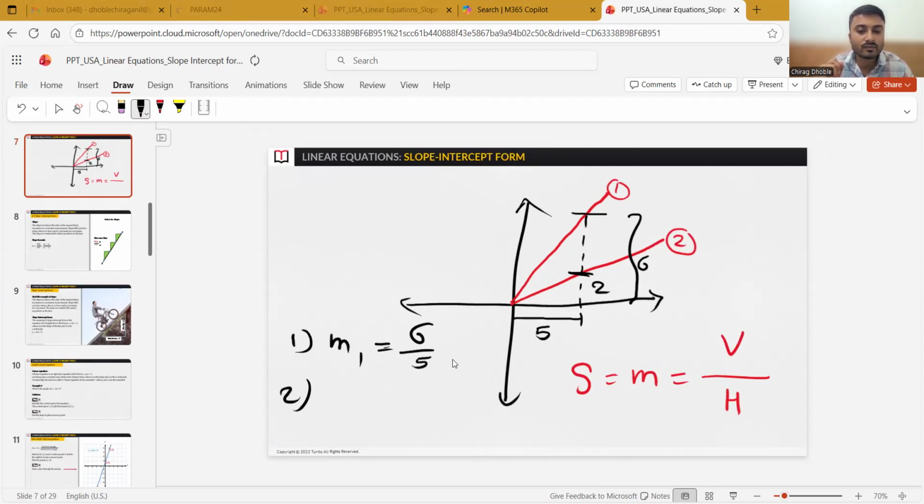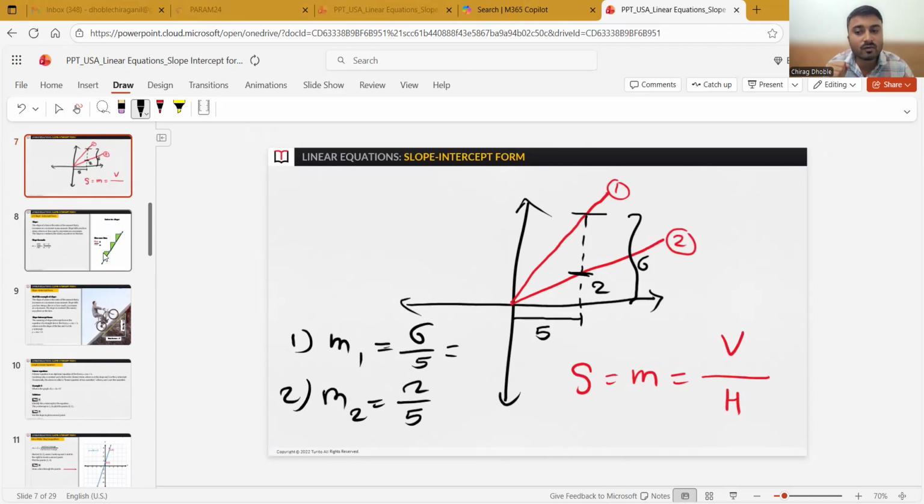This is bigger than M2, which is 2 upon 5. So 6 upon 5 is obviously greater than 2 upon 5. That's how we can mathematically measure the slope of a line.